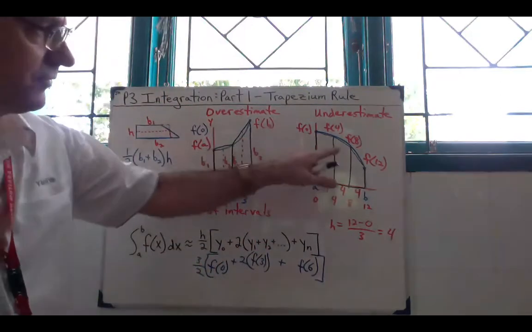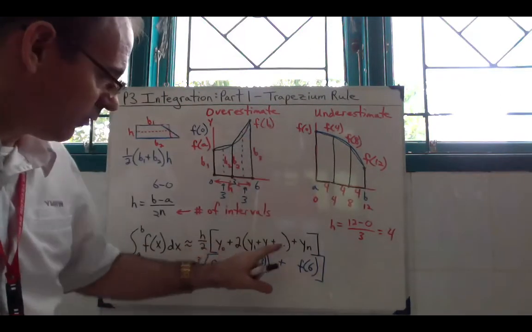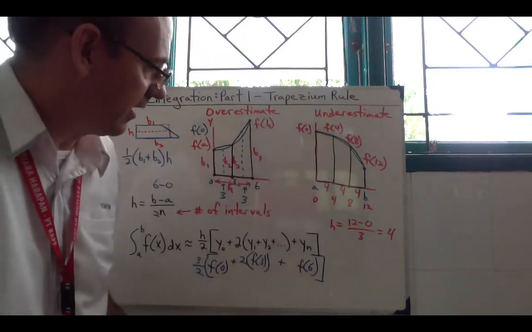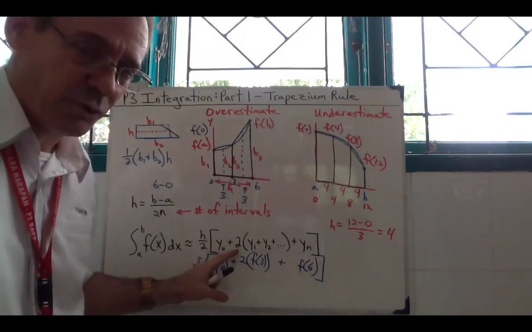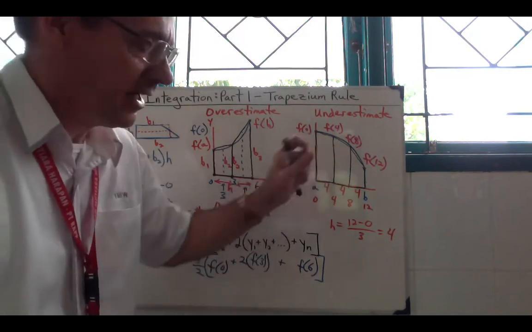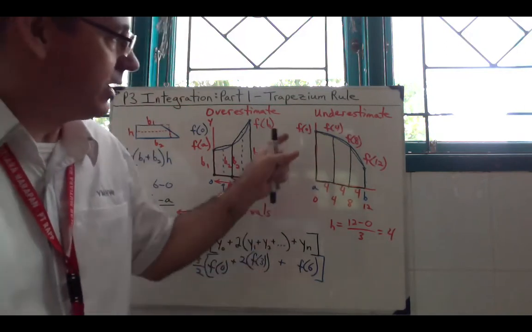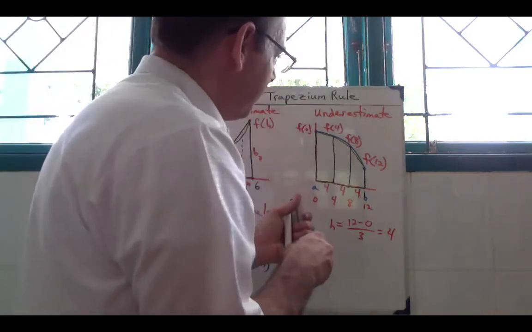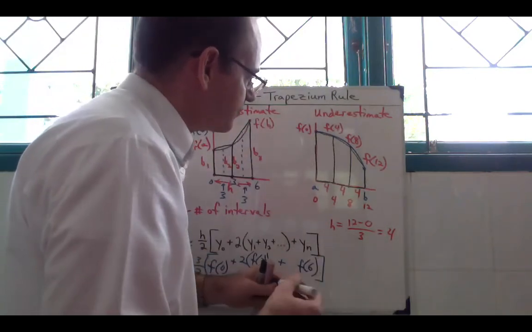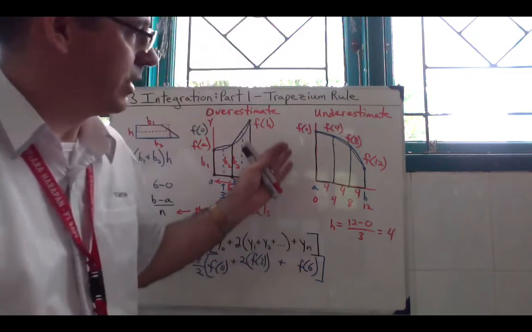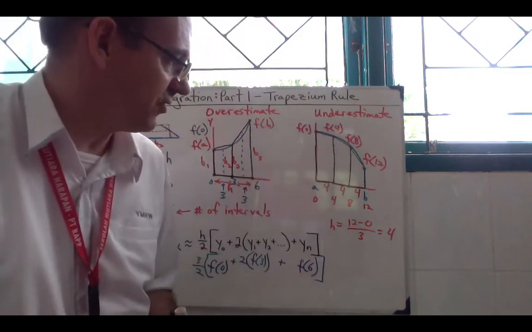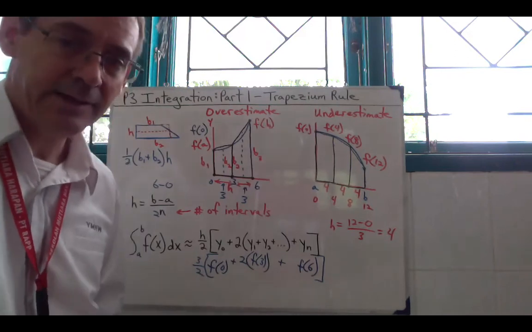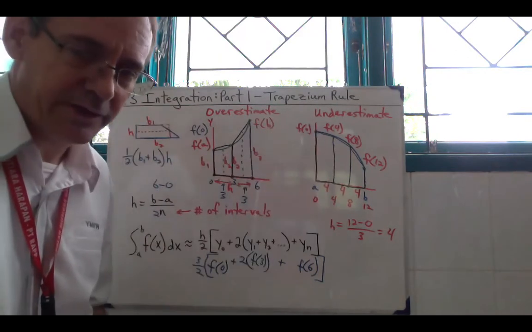Remember that the f of 0 and f of 12 will only be counted once, and the f of 4 and the f of 8 need to be counted twice. So whatever the function is, you just plug those in and you get your numbers, and then you plug it into here. Okay, so this is conceptually what you're doing.